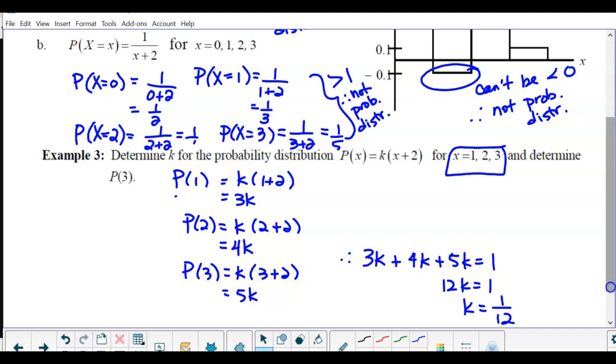So find the probabilities in terms of K. You're told it's a probability distribution, so they have to add to 1. Then you can work backwards to solve for K.